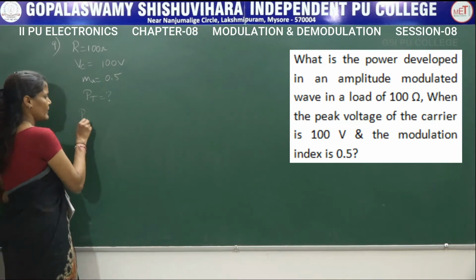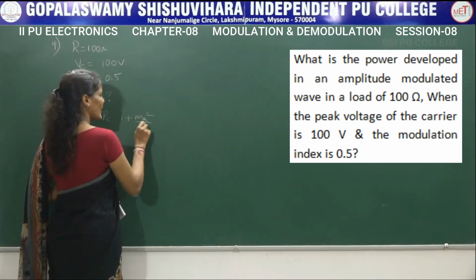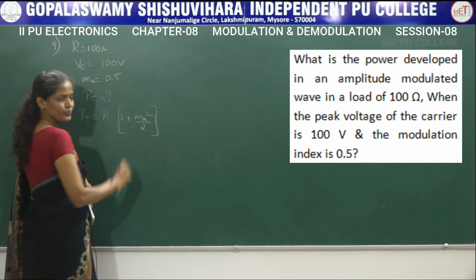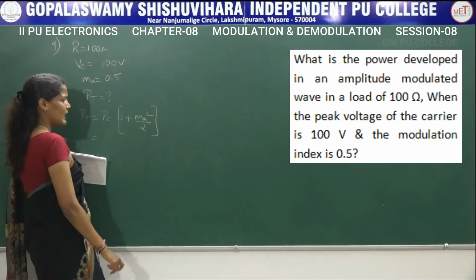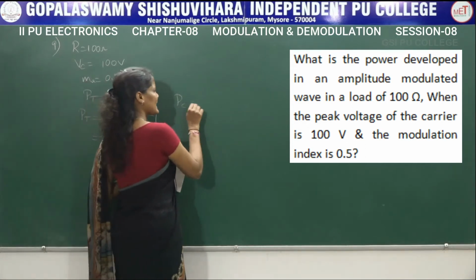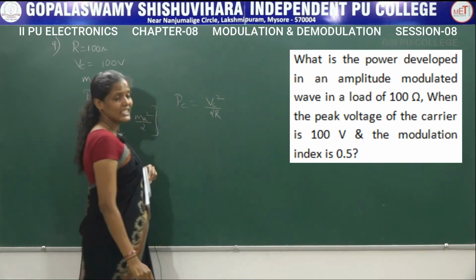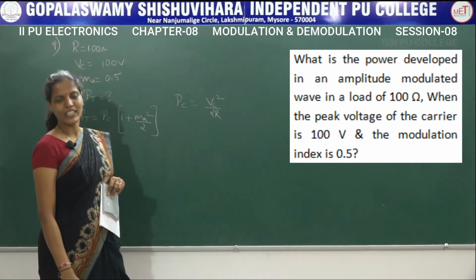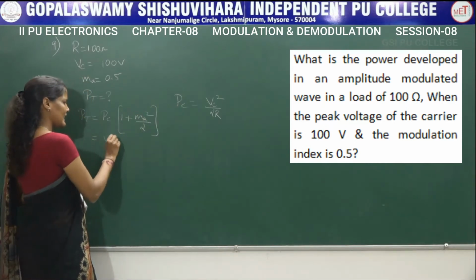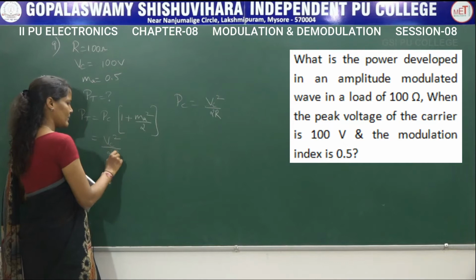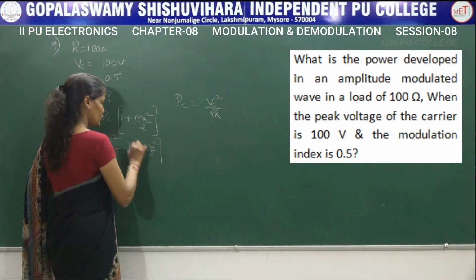We are having this formula, PT is equal to PC of 1 plus MA square divided by 2. But we don't know the value of PC, but I told you that PC is equal to Vc square divided by 2R, where Vc is nothing but the peak voltage of the carrier signal. So in place of PC, I can easily write this formula Vc square divided by 2R into 1 plus Ma square divided by 2.